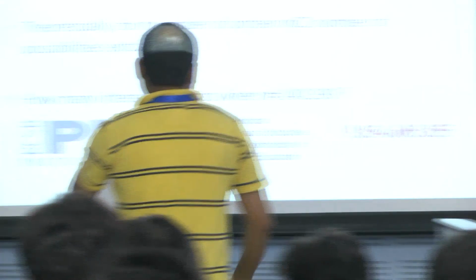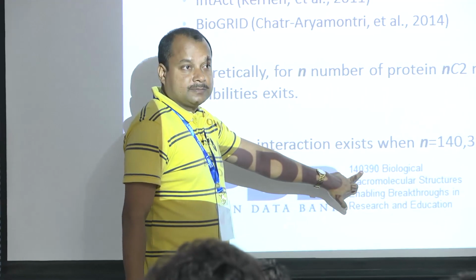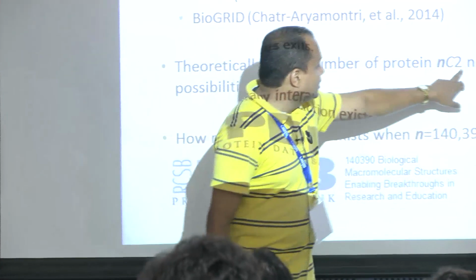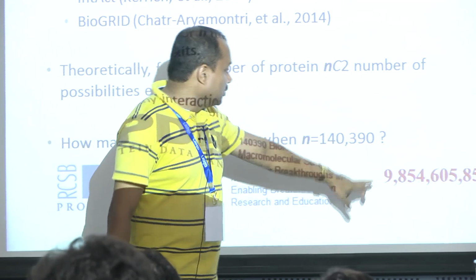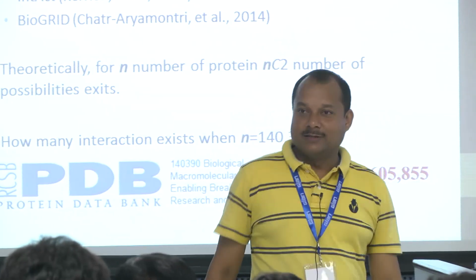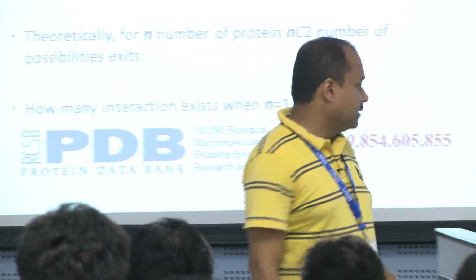But look, in the Protein Data Bank as of today 140K protein structures are available. Theoretically, this many interactions are possible, all are not tested, and it is not possible at least in our lifetime to test all of them. Probably we have to go for some computational technique for that.